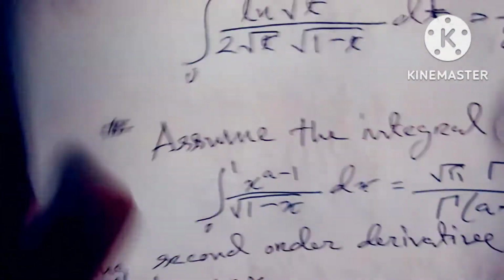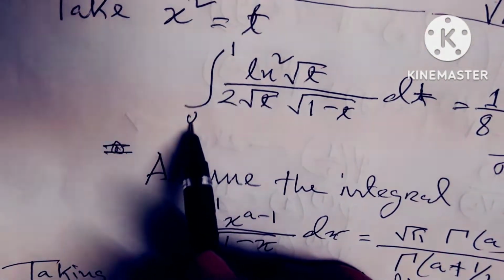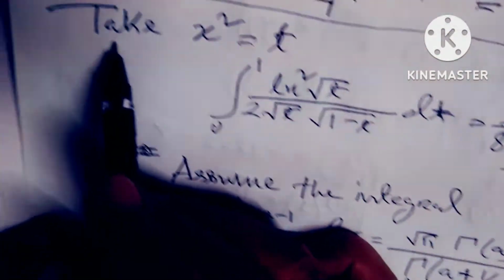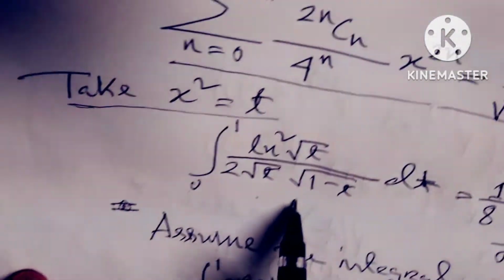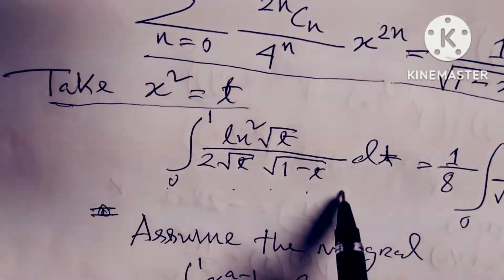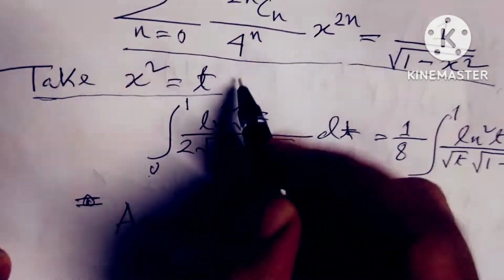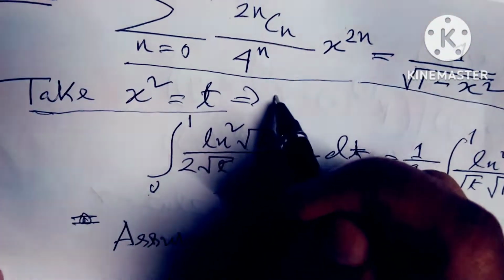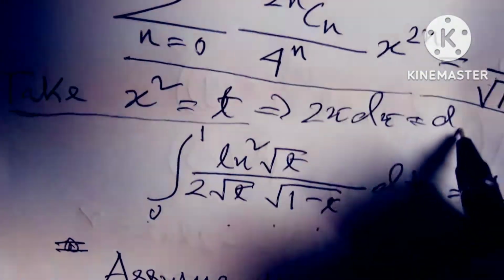Now friends, if we take x square equal to t, so integral 0 to 1 of ln square root t divided by 2 root t, because we get 2x dx equal to dt.